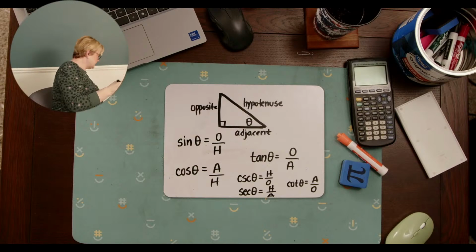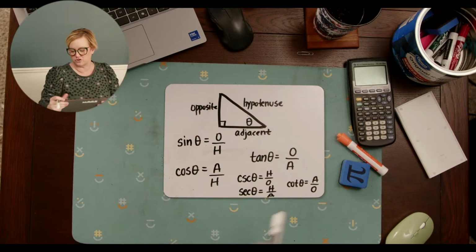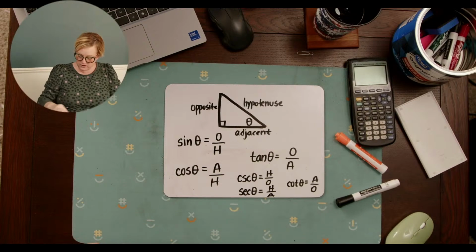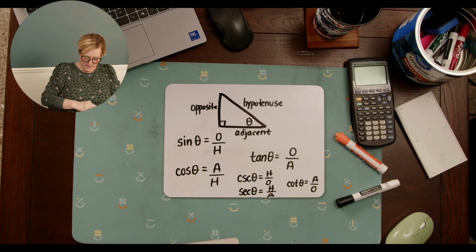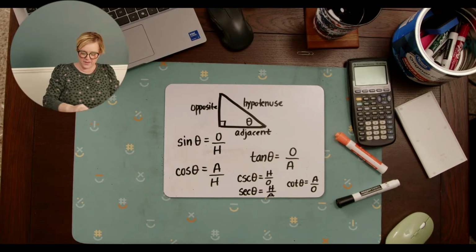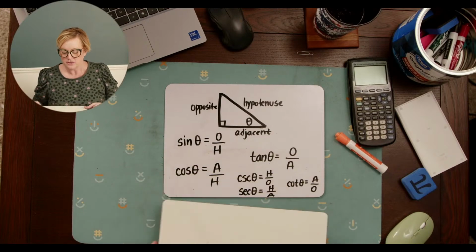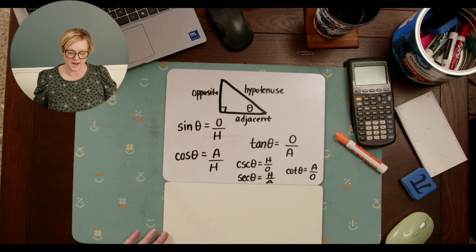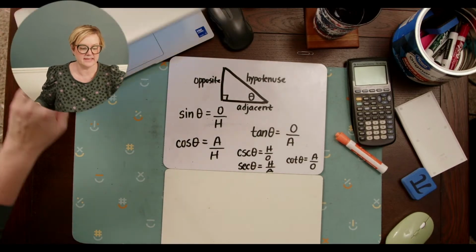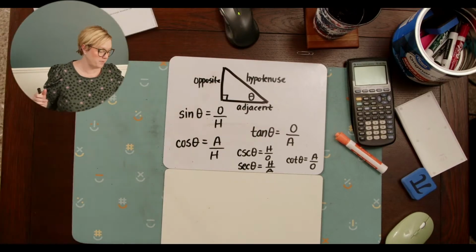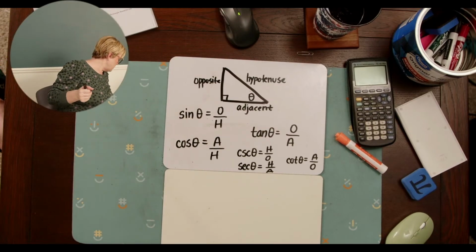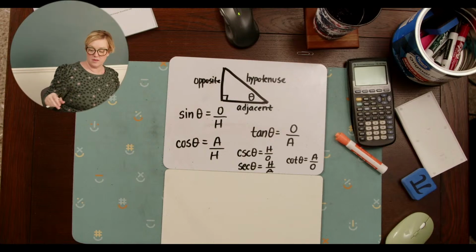So we've got a lot of relationships between the angles and the sides. Most of the time when you're first learning triangles, you're dealing with the angles or you're dealing with the sides. You know that angles all add up to 180. If it's a right triangle, you can use the Pythagorean theorem.